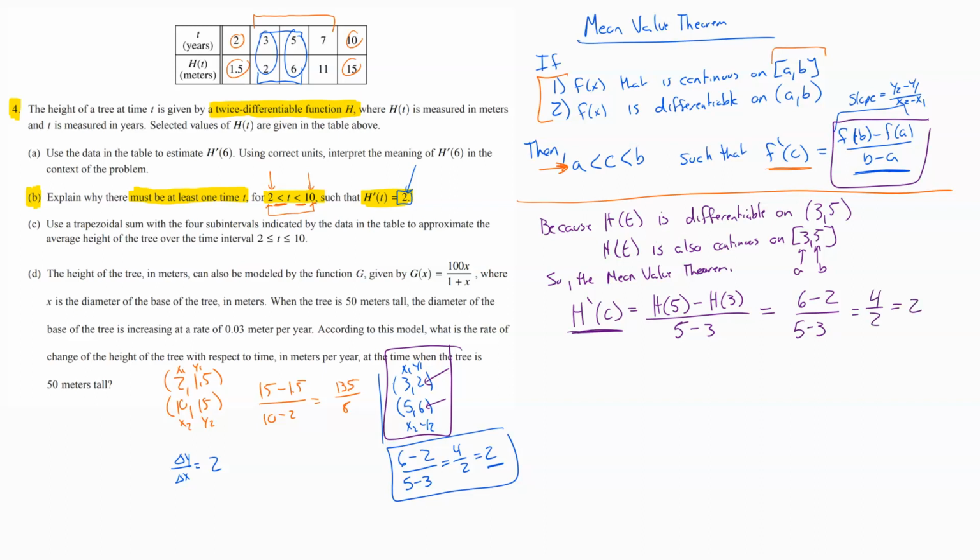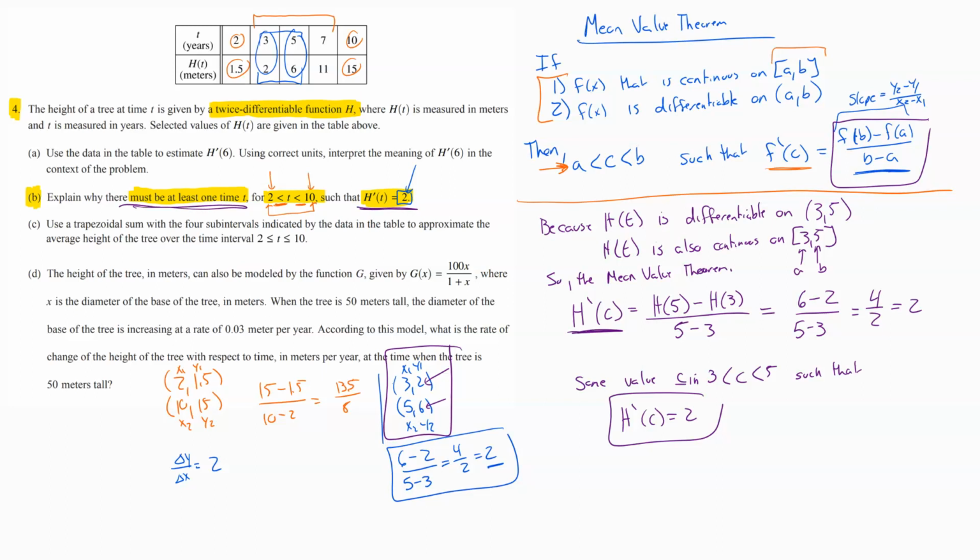So that guarantees us now that there is some value c in the interval 3 to 5 such that h prime of c has to equal 2. So we have guaranteed them that there is at least one time t such that that value would equal 2.